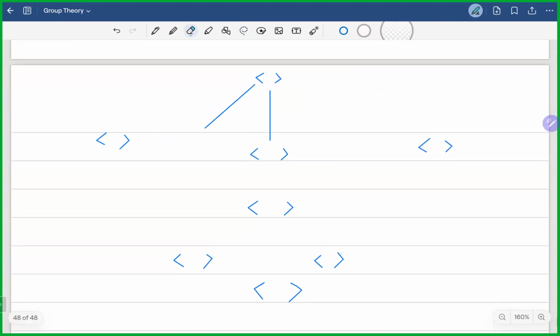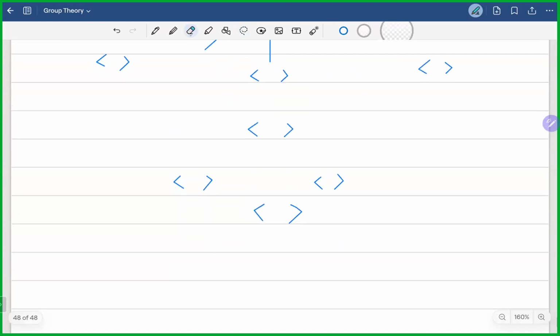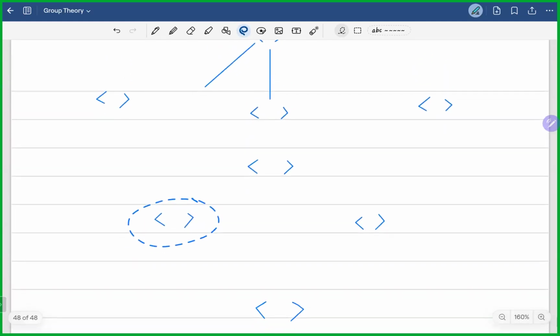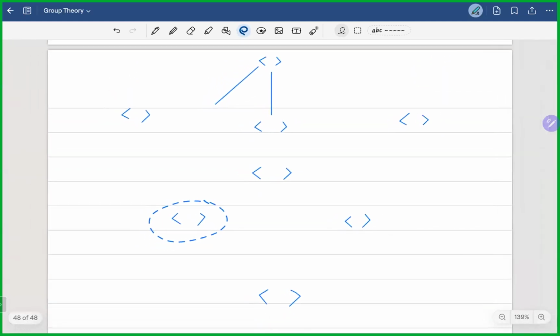Okay, I should pick this and put it here, and then pick this, put it here. Okay, right.